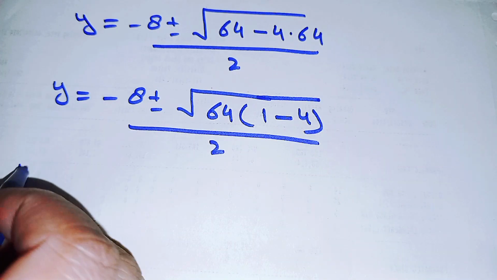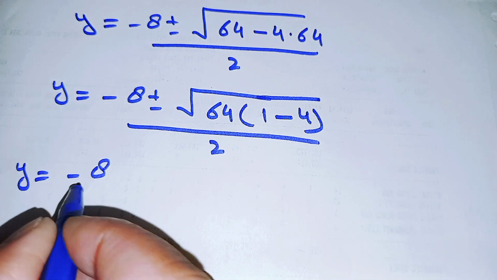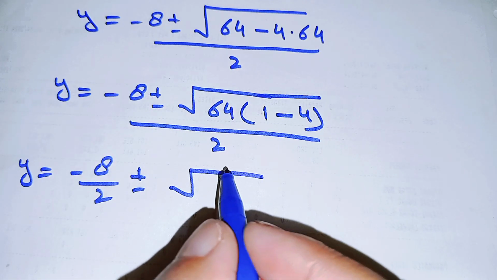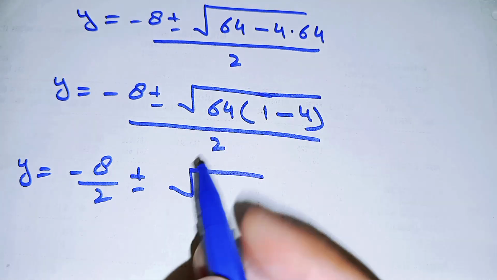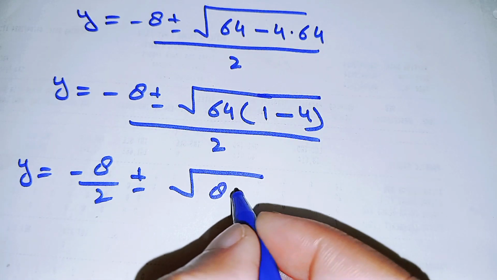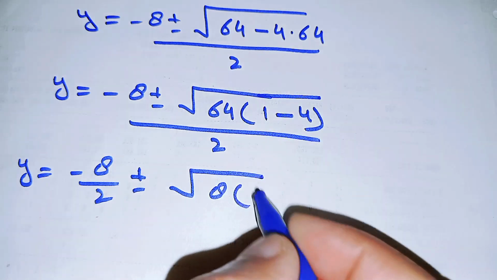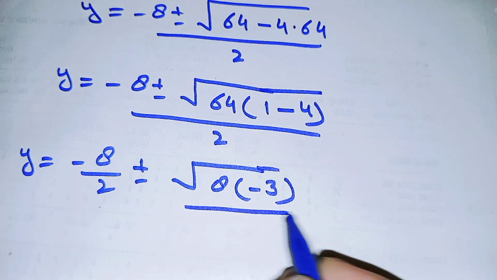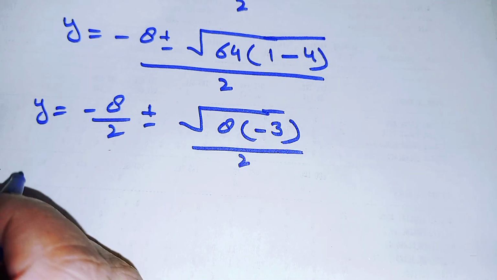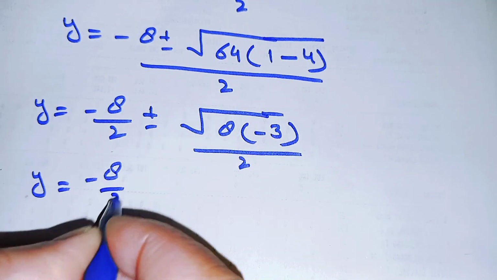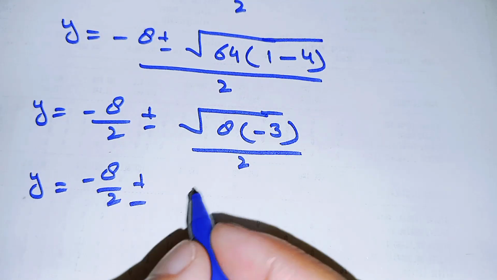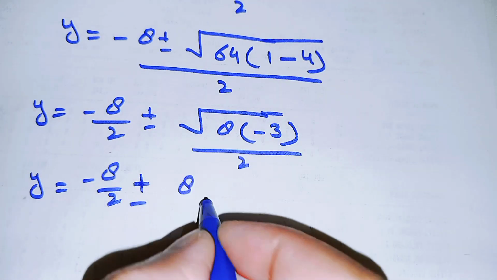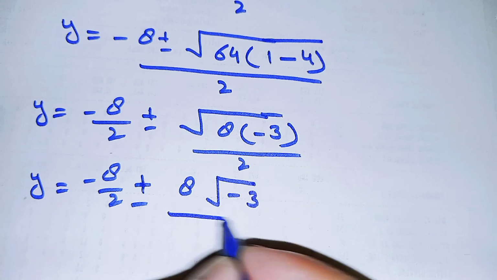And now y is equal to minus 8 over 2 plus minus the square root of 64, which can be written as 8, and this 1 minus 4 is equal to minus 3, then over 2. And now y is equal to minus 8 over 2 plus minus 8 and this square root of minus 3 over 2.